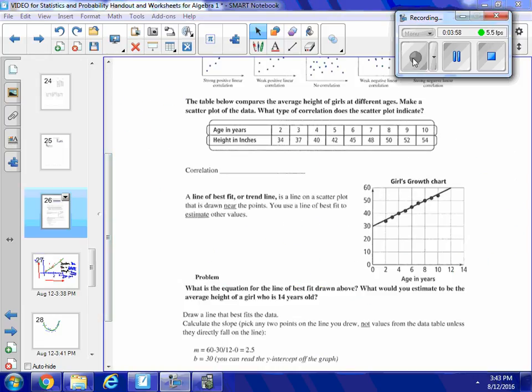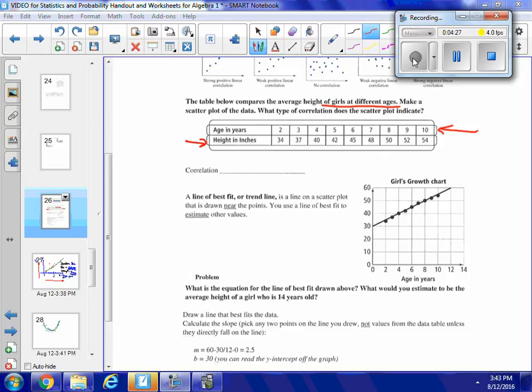And in the worksheet, they gave us an example very similar to the one that I just picked out. They're looking at the average height of girls at different ages, and they also went 2 through 10, and they did it in height in inches. Now, it is very important to make sure you know which piece of data goes on the x-axis and which piece of data goes on the y-axis.